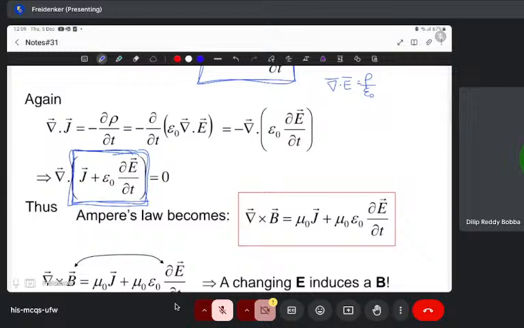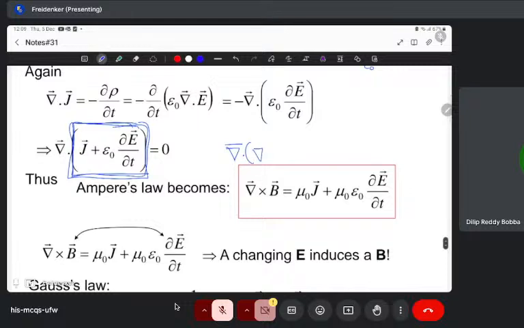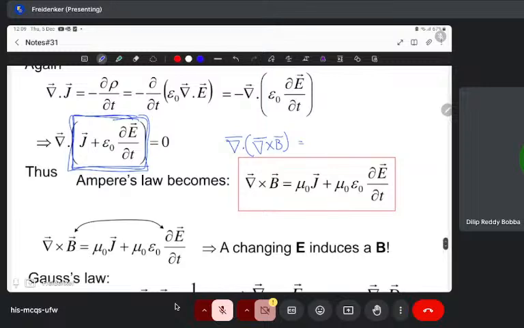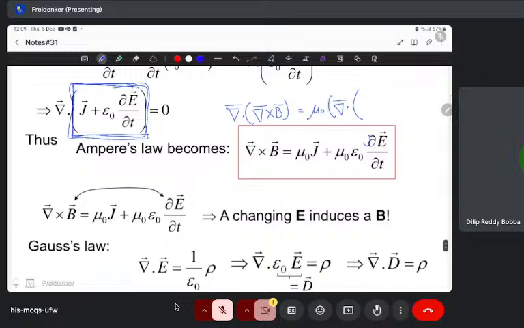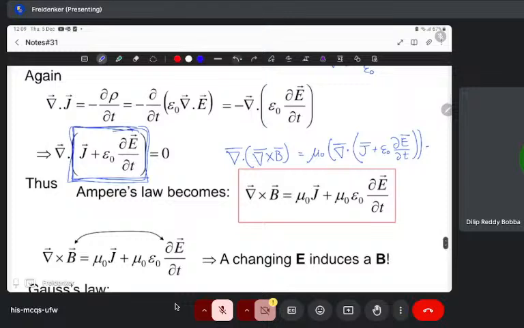Now if I take the curl of this one, curl or divergence? Divergence. If I take the divergence on both the sides, Maxwell is telling this is zero. Fine.